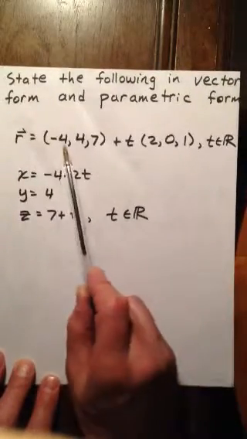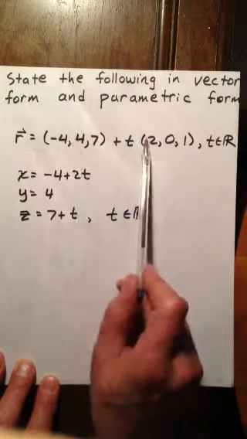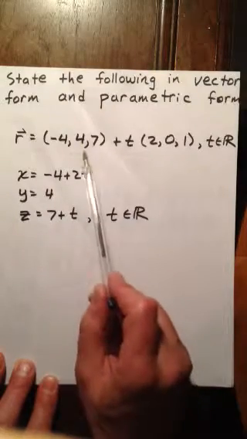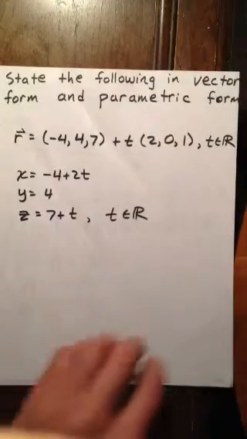And using this, it's pretty straightforward to get the parametric equations form. -4 + 2t is our x, 4 + 0t, or just 4, is our y, and 7 + 1t, or 7 + t, is our z.